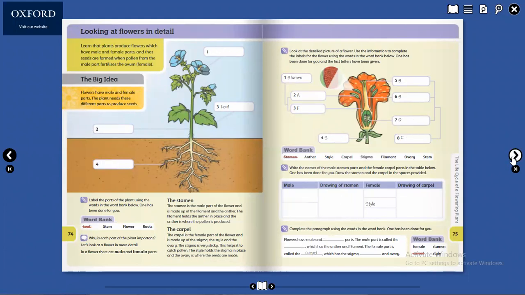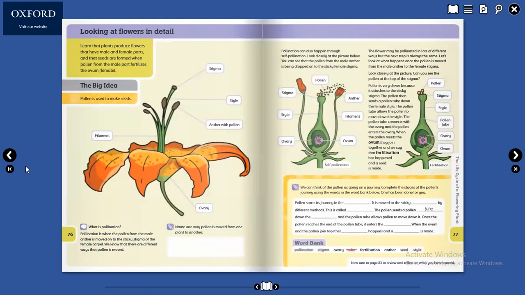Open page number 76. Looking at flowers in detail.